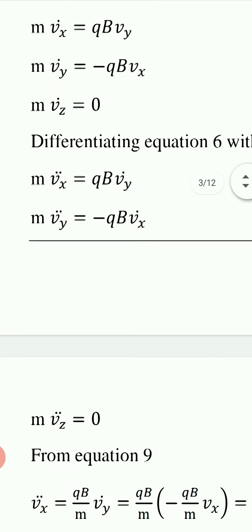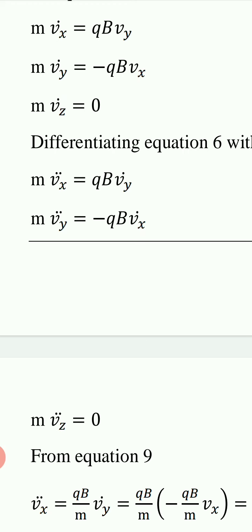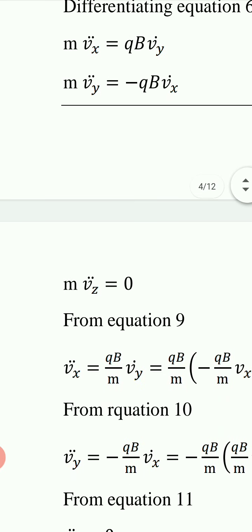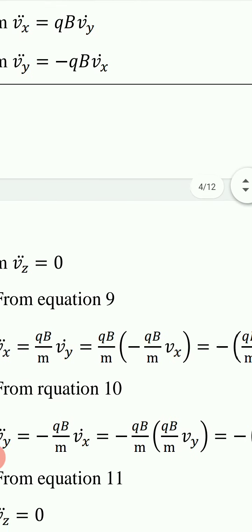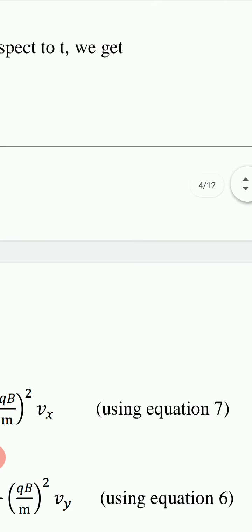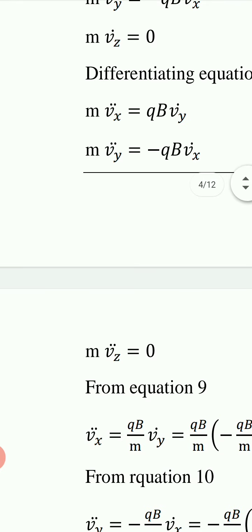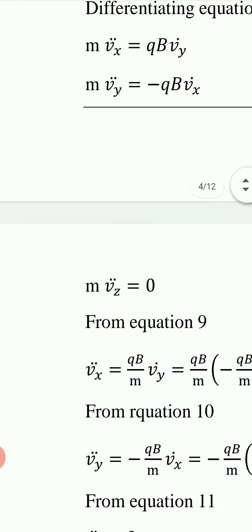Similarly, by differentiating the other two equations with respect to t, we get m vy double dot equal to minus q b vx dot, and m vz double dot equal to 0. Now from equation 9, m vx double dot equal to q b vy dot.